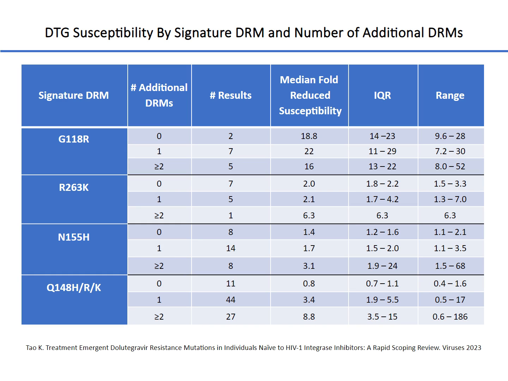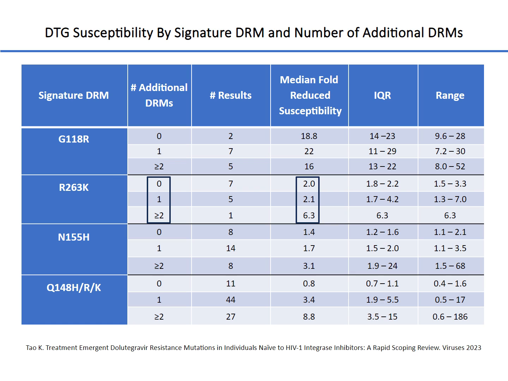This slide provides a simplified summary of the dolutegravir susceptibilities shown in the previous slide. R263K alone conferred a median 2-fold reduction in dolutegravir susceptibility. With greater than or equal to one additional non-signature drug resistance mutation, it conferred a median 3.2-fold reduction in susceptibility.